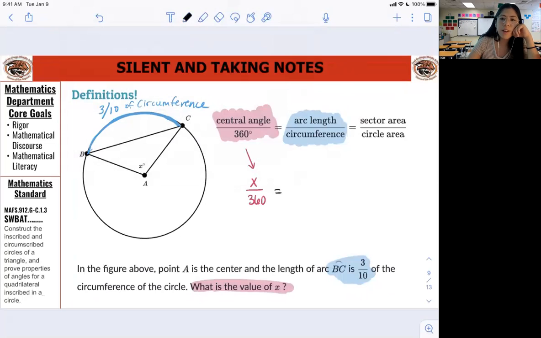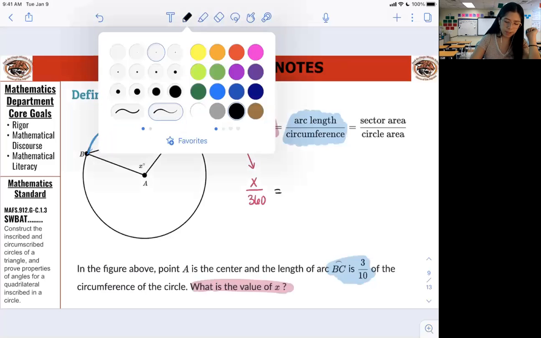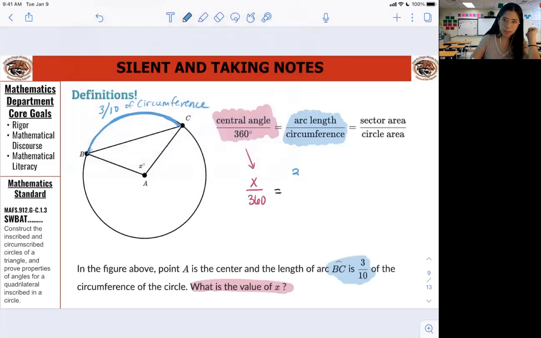And we know that the arc length is 3/10 of the circumference. So let's say if the whole circumference is 10, how much is the arc length? 3, right? So we can basically just go ahead and put in that fraction.